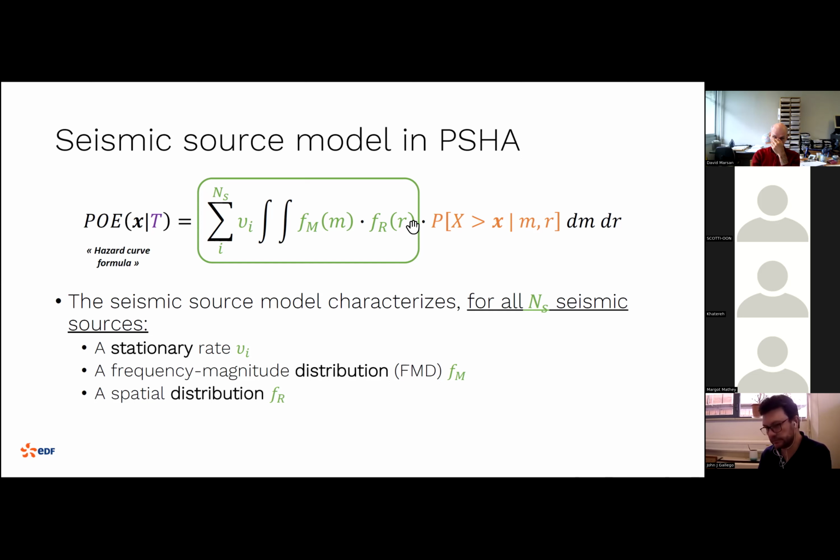We will follow these three components one by one, and we will discuss the modeler's perspective on how to set up values for these three quantities for PSHA.